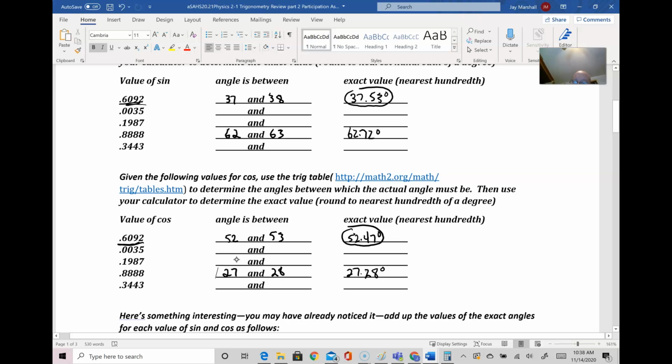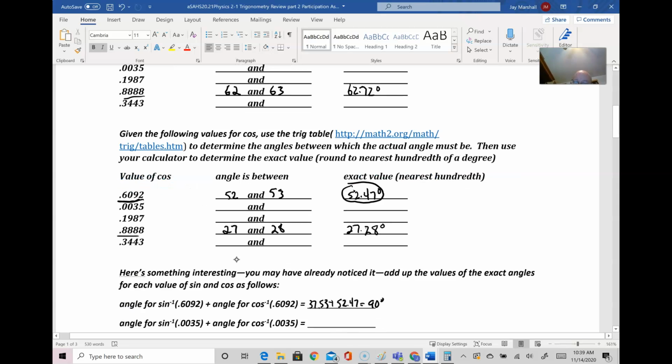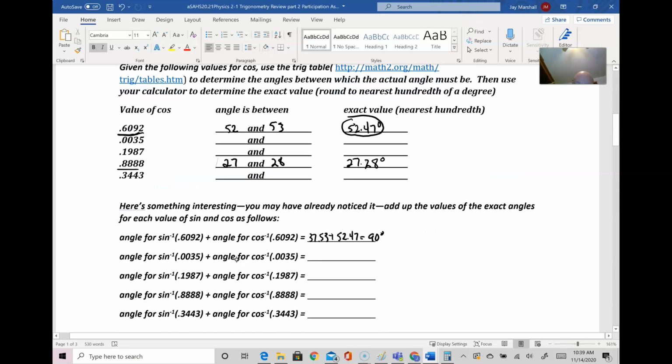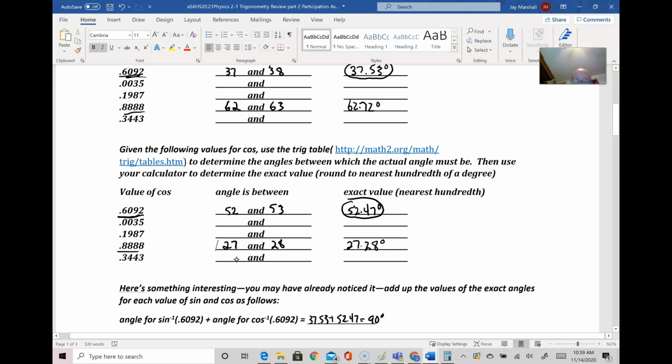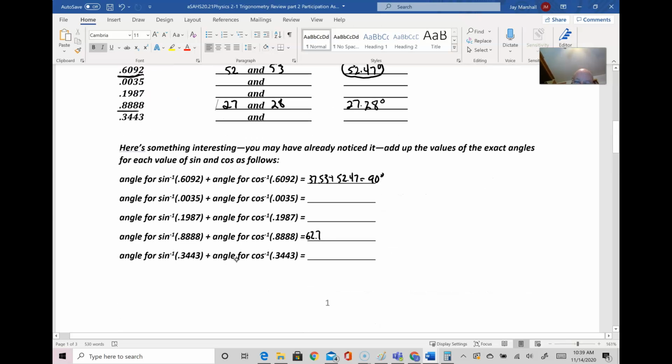And notice that if I do the same thing for the sine of 0.8888 and the cosine of 0.8888, I have 62.72 for the sine plus, and for the cosine, 27.28. Again, those add up to 90 degrees.